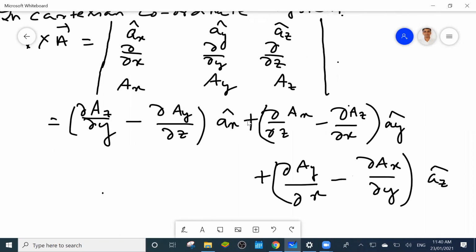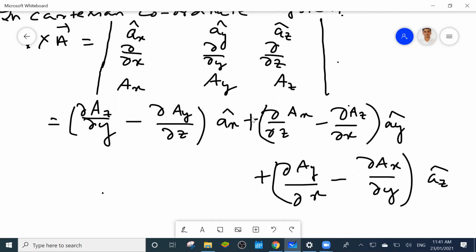If you put minus here, then you will write this term first. So minus and minus become plus. That's why I have written plus here. This term minus this term you have to write if you put minus here.